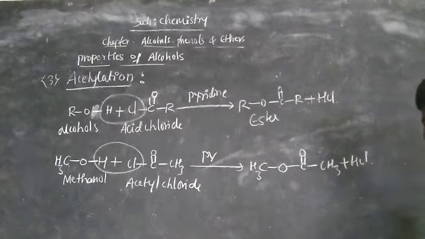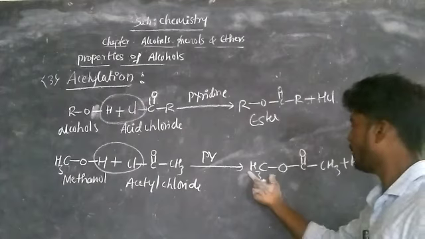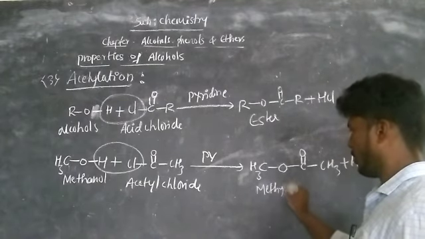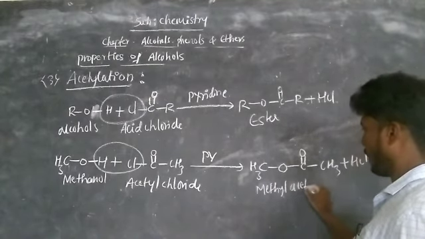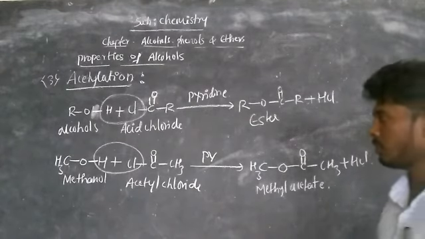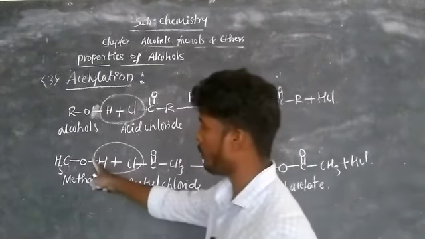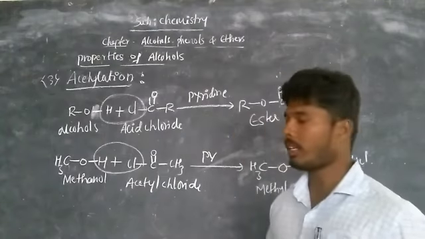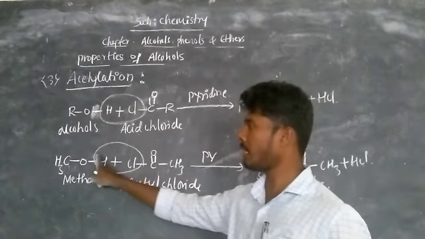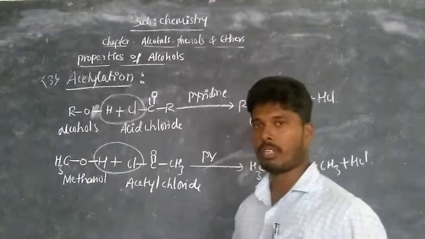So its name is, as I already told you, methyl acetate. Okay, this is one of the ways to cleave the OH bond. Remember, we are studying the reactions that involve the cleavage of the OH bond.